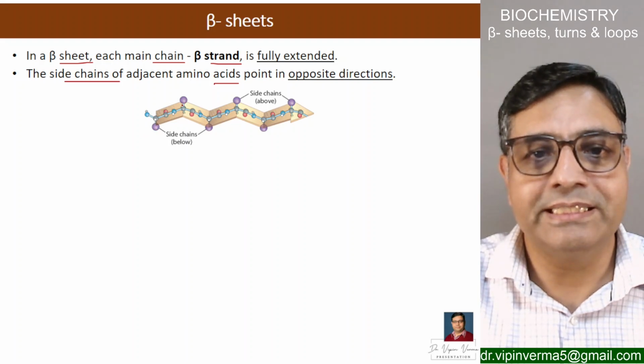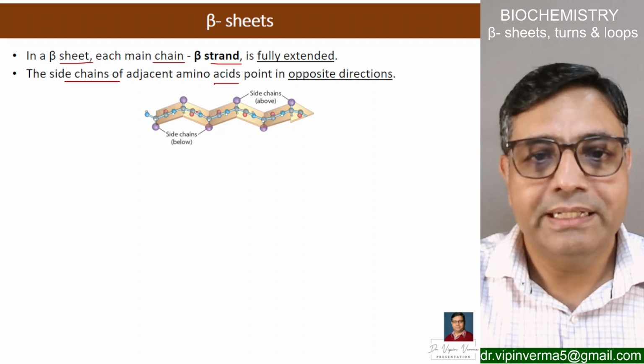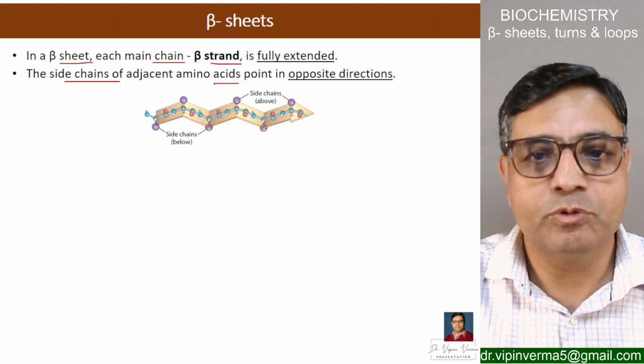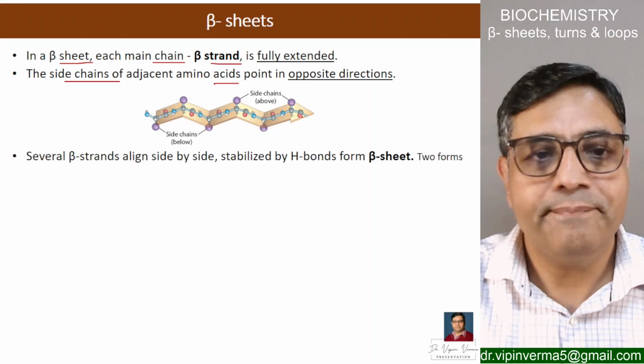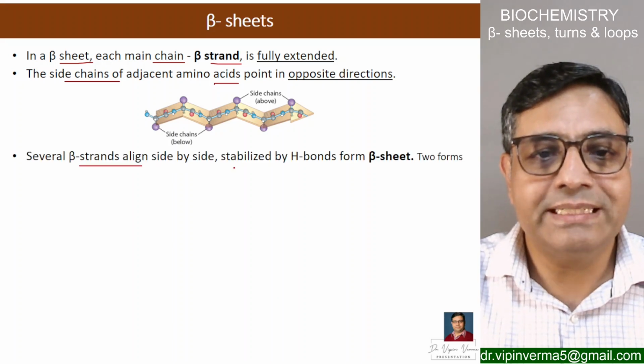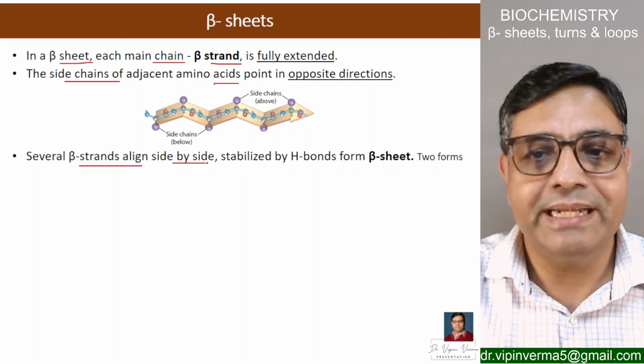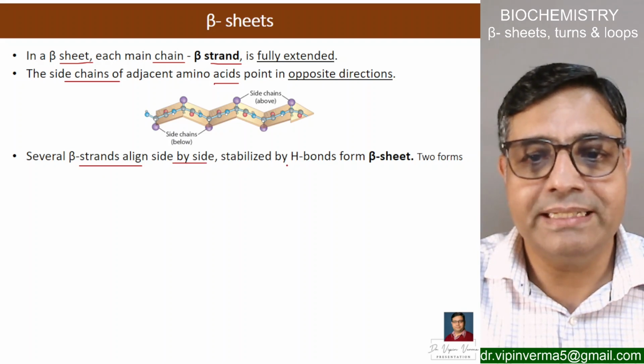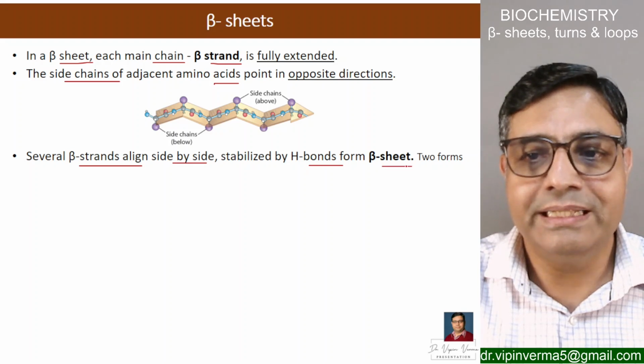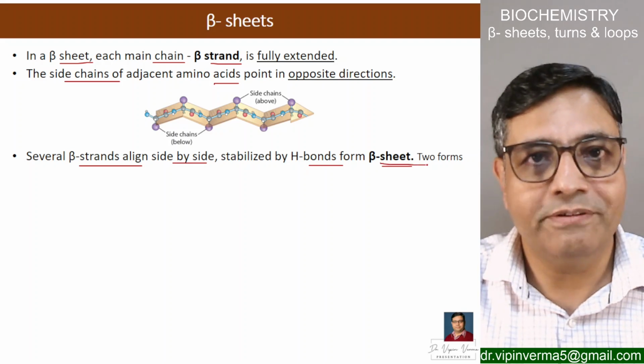So this is adjacent to this particular residue, and you can see here they are opposite, these two are opposite, these two are opposite, and so on. Okay, now several beta strands align side by side and are stabilized by hydrogen bonds and they form a beta sheet. You have seen here.